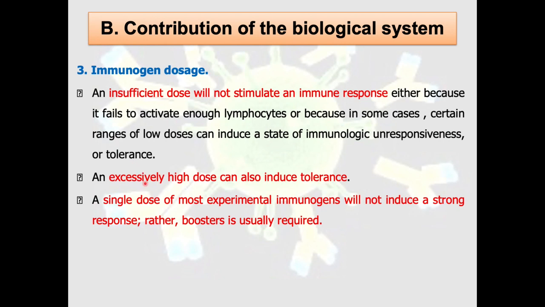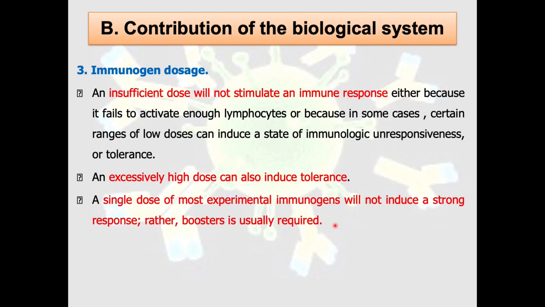Whereas if you get a high dose of immunogen, it can also induce tolerance. A single dose of most experimental immunogens will not induce a strong response. Rather, a booster is usually required. So if you have a younger sibling, or someone small that you know, and you look at their vaccination book, mostly babies have vaccination books, there is a certain vaccine that needs a booster.